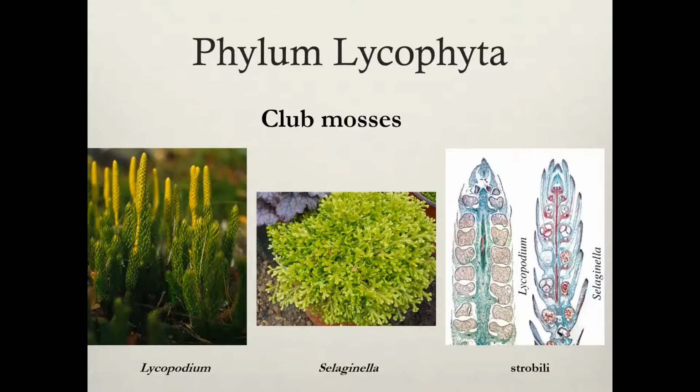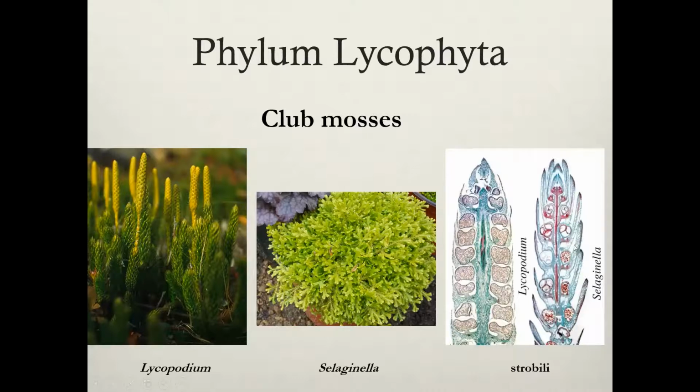Now, a key difference between Lycopodium and Selaginella is the type of spores they produce. So with Lycopodium, if you look in their strobili, all the spores look similar. We call this homospory, meaning all the spores are the same. We cannot tell a male and female spore. That is not true for Selaginella.